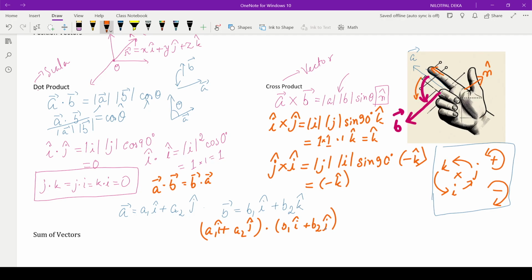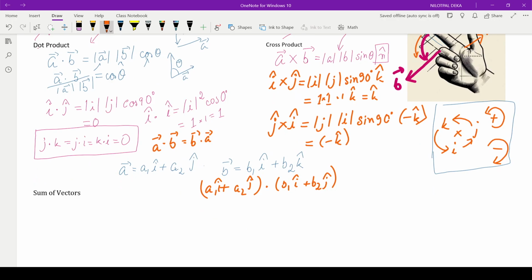But i dot j would give me a 0. So I will not bother even to multiply the cross terms, i dot j. So I will multiply the i term with the i term and the j term with the j term. So it will give me A1 B1 plus A2 B2.